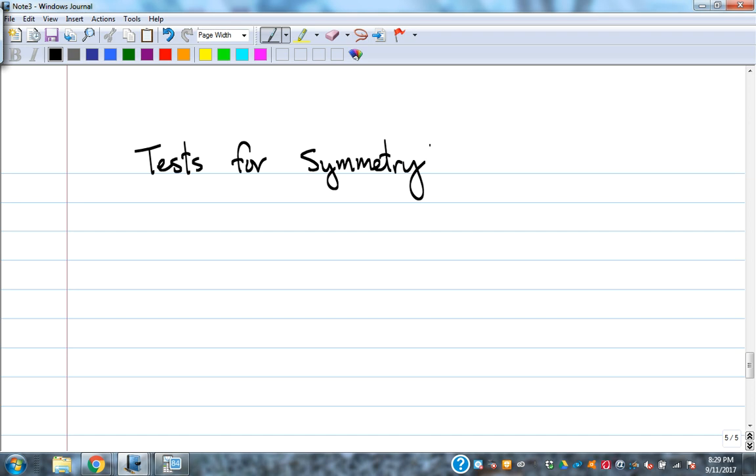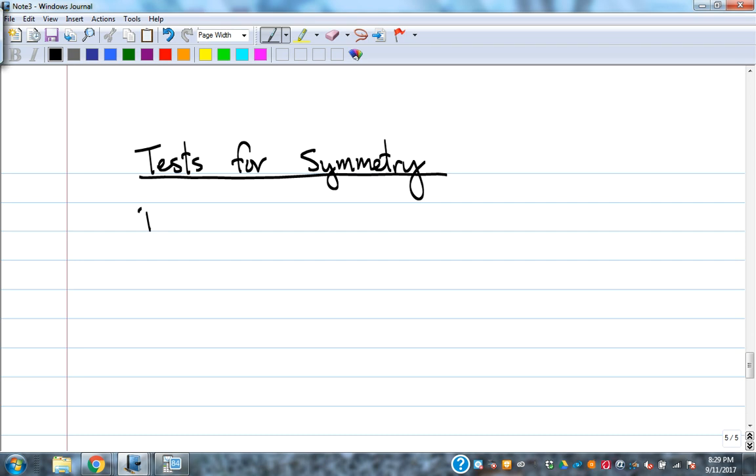All right. There are different symmetries that we're testing for. If we're looking for symmetry, and what is symmetry anyway? If something is symmetric, what's that mean about it? Same on both sides. That's exactly right. So there's different symmetries that we're looking for.